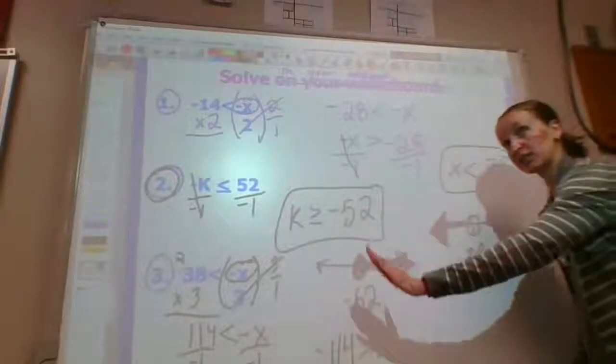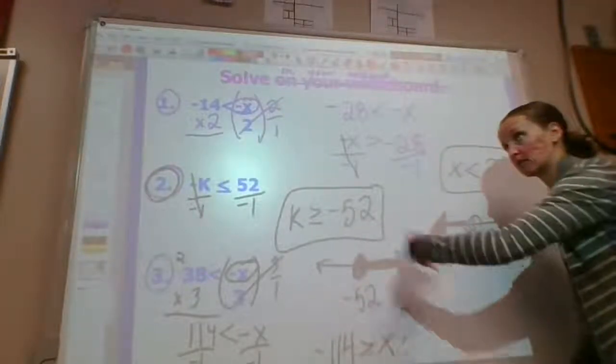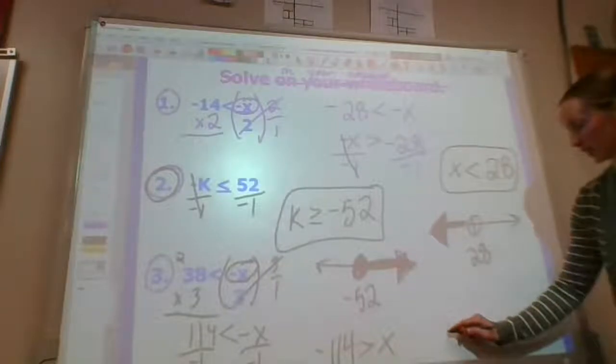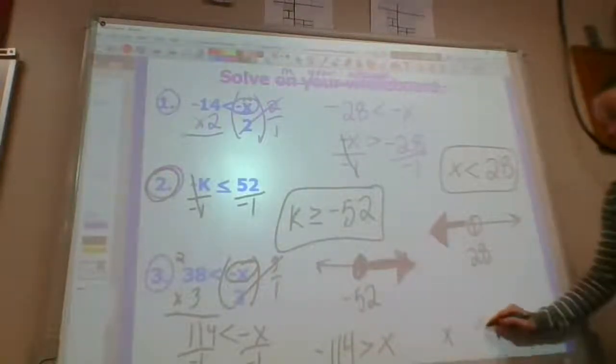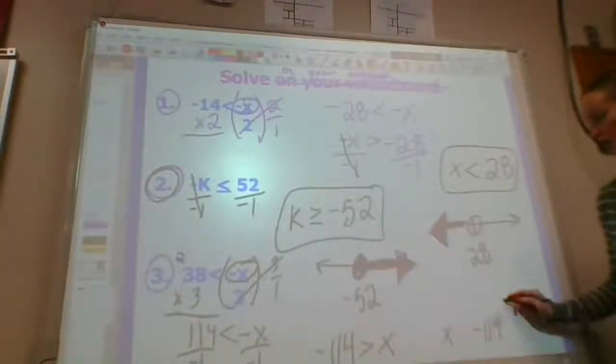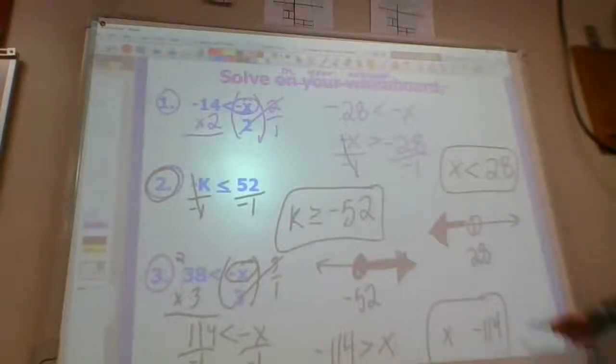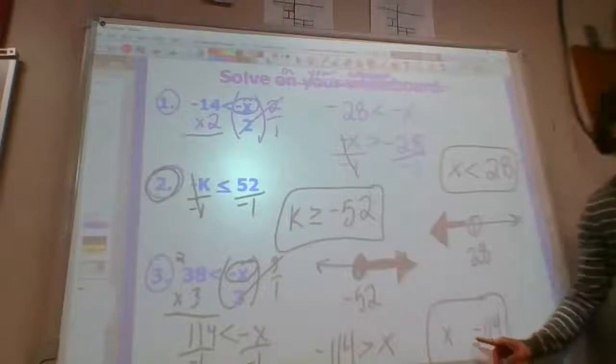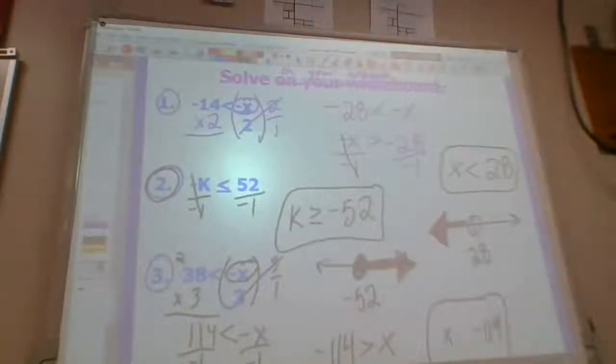Flip it, because what side do we always want the variable on? Left. Yeah, very good. So we switch this around, and I want to see that you know what symbol has to go there, along with graphing it. Once you graph it and rewrite your answer, put your hand up in the air so we can see.